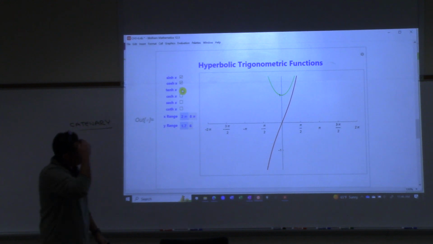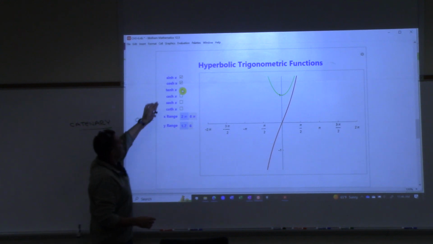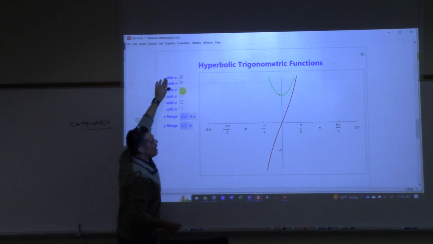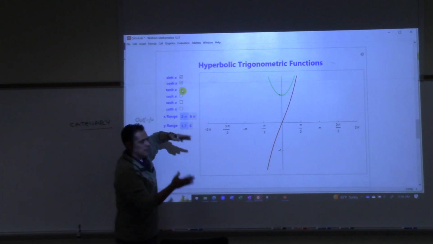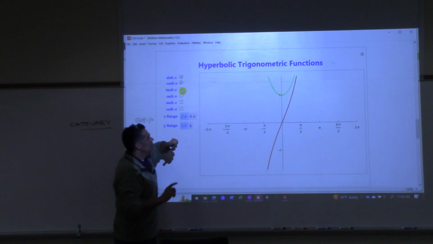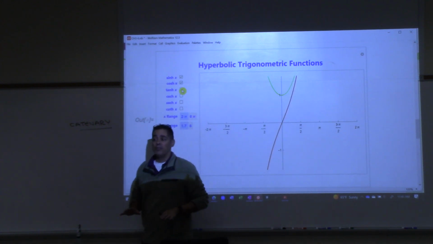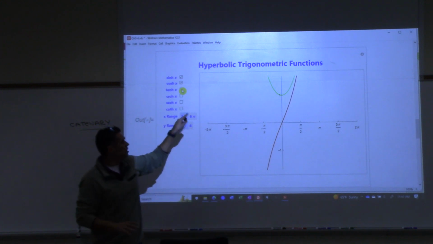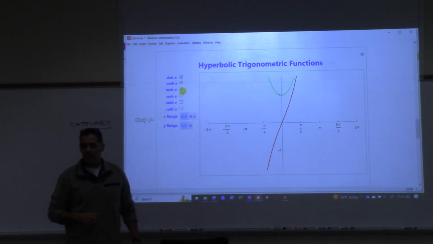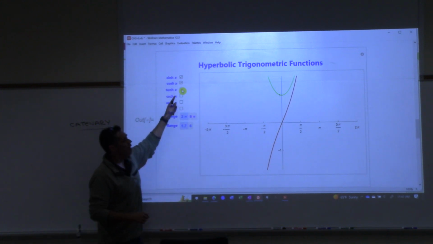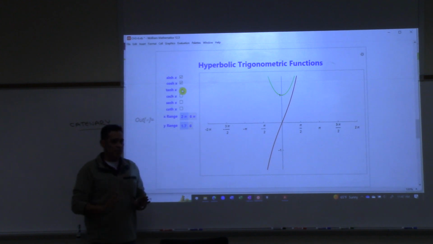Wait a minute, think about this for a second. If I'm going to take the red graph and divide it by the green graph, is the cosine hyperbolic ever equal to 0? Does the green function ever hit the x-axis? No, which means the tangent hyperbolic will have no asymptotes.